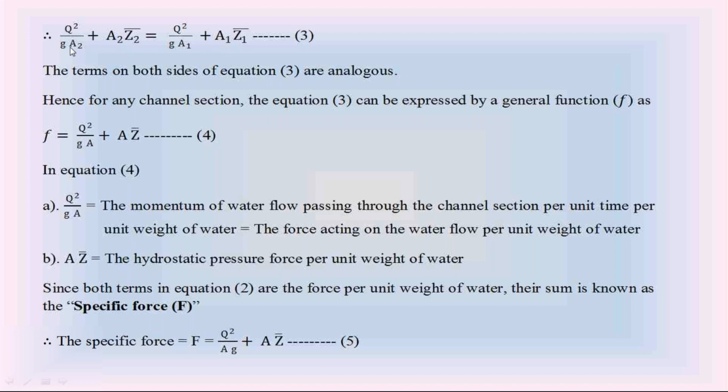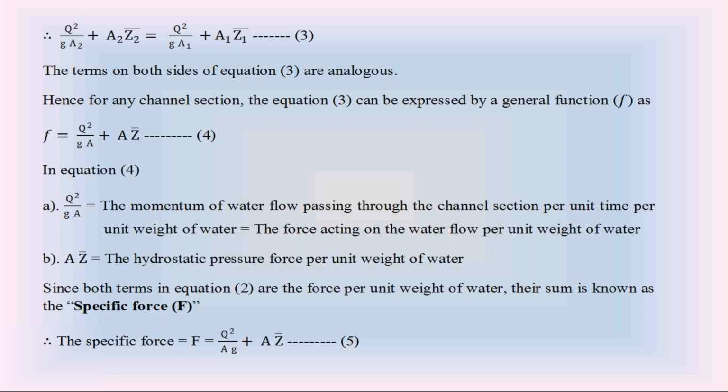F2 is the specific force of water flow in the hydraulic jump at section 2, that is, after the hydraulic jump. And in equation 3, the right hand side, q square by gA1 plus A1 Z1 bar, is F1. F1 is the specific force of the hydraulic jump at section 1, that is, before the hydraulic jump.